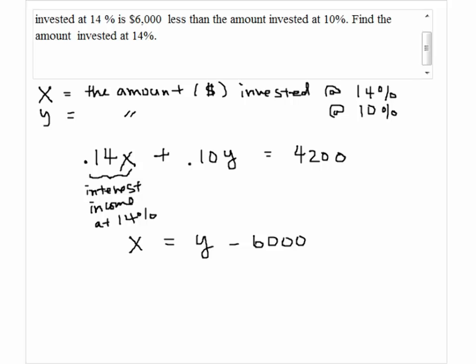The amount invested at 14%, which is X, is $6,000 less than the amount invested at 10%, which is Y. So we are going to solve the system. Notice that the bottom equation is already solved for X, so it'll be easier to use the substitution method.